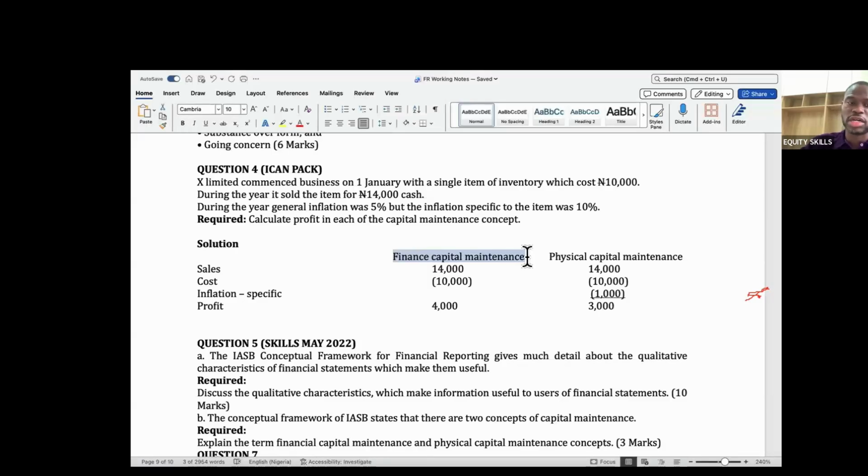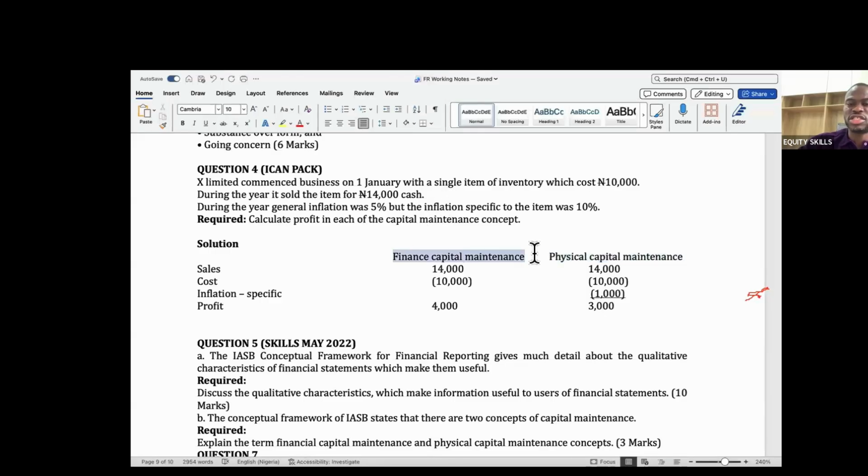When your closing capital is higher than your opening capital, then you have made profits. But physical capital maintenance looks at your productive capacity, in terms of what your capital can actually produce. So the real meaning of that is what this question wants to address: calculate profit under each capital maintenance.